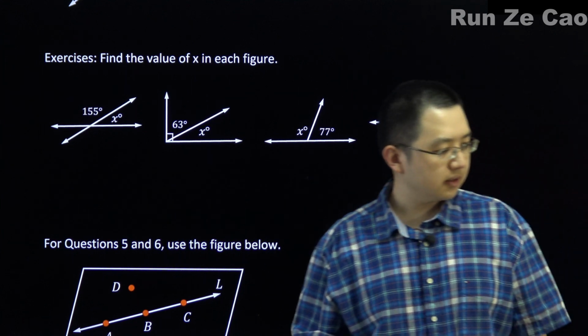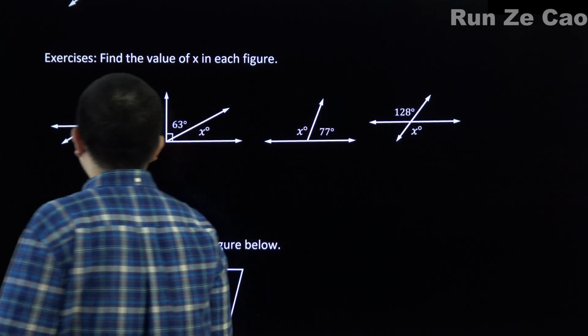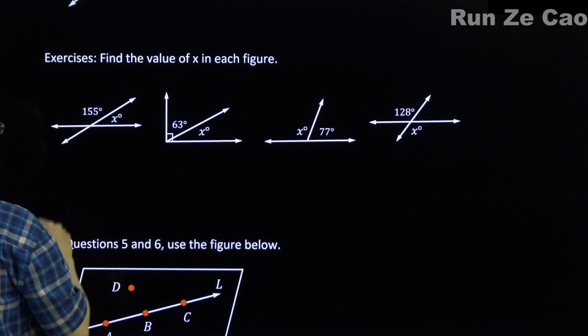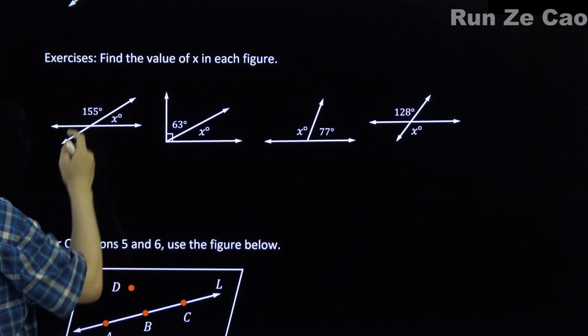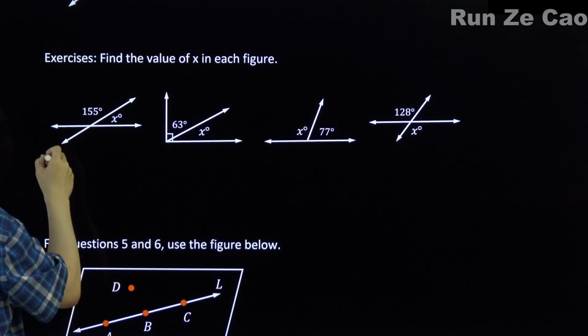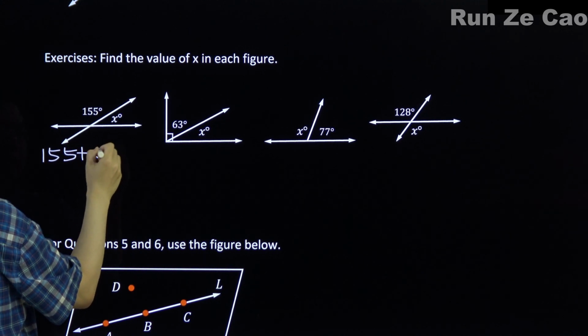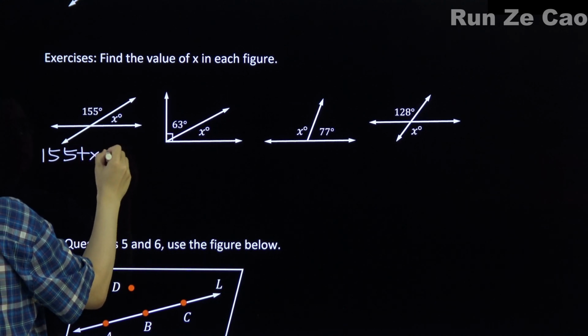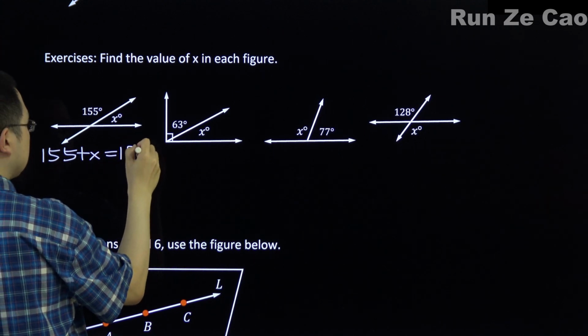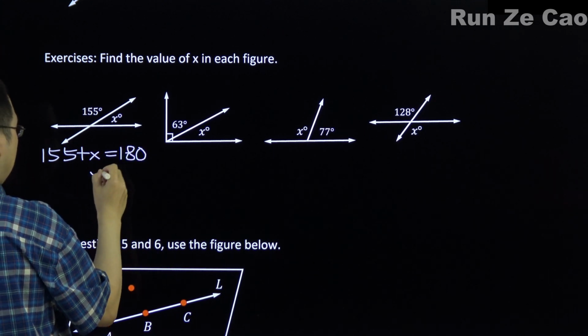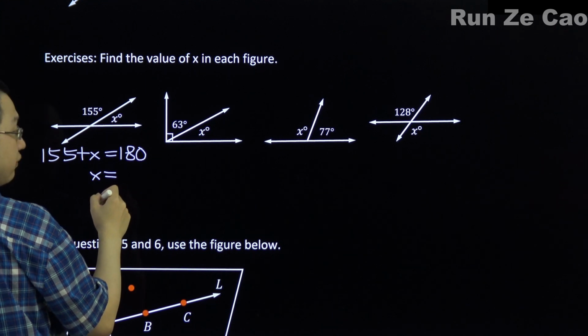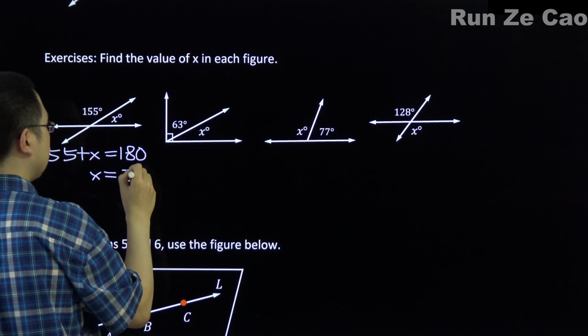Find the value of x in each figure here. Well, x is supplementary with 155 degrees. So 155 plus x is equal to 180. X is equal to 180 minus 155, which gives us 25.